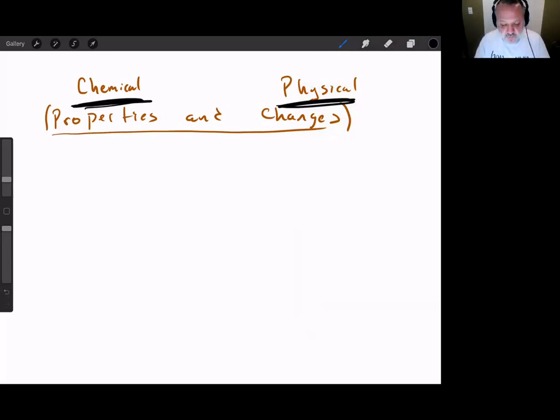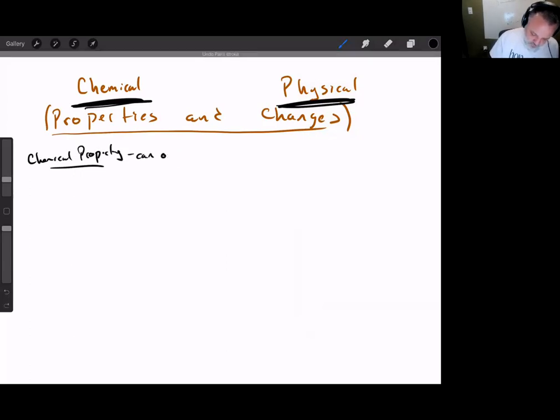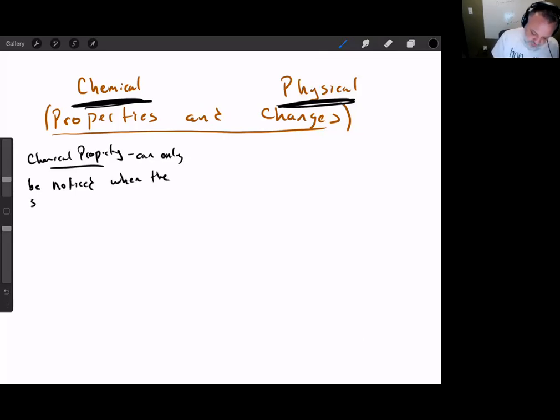So let's make sure that we got this on the right page here. A chemical property can only be noticed when the substance changes its chemical composition.